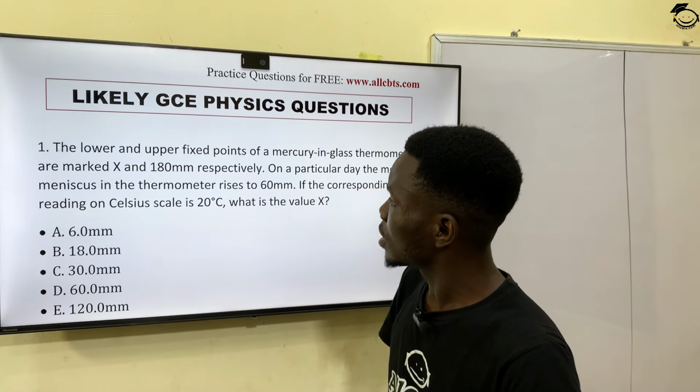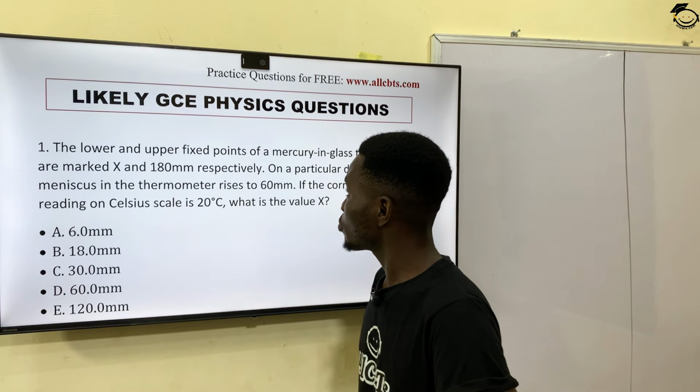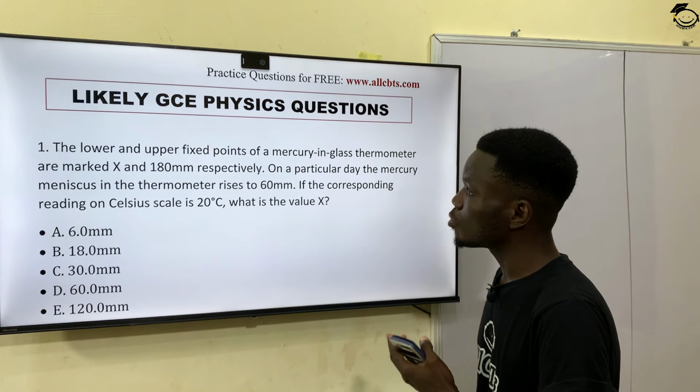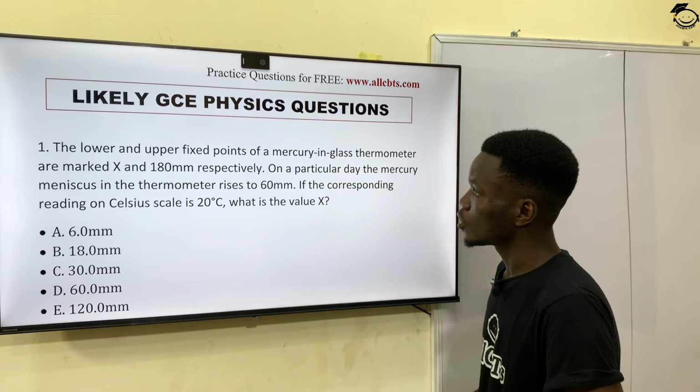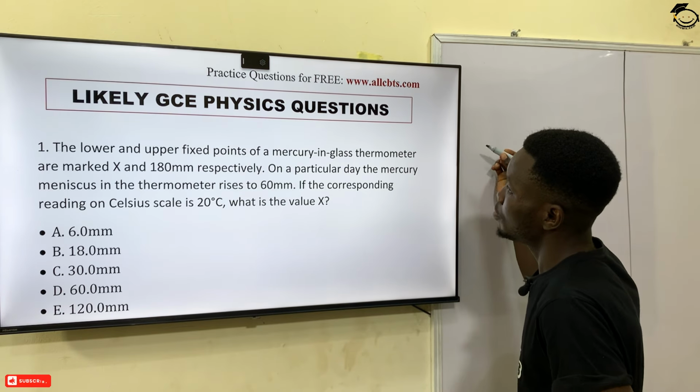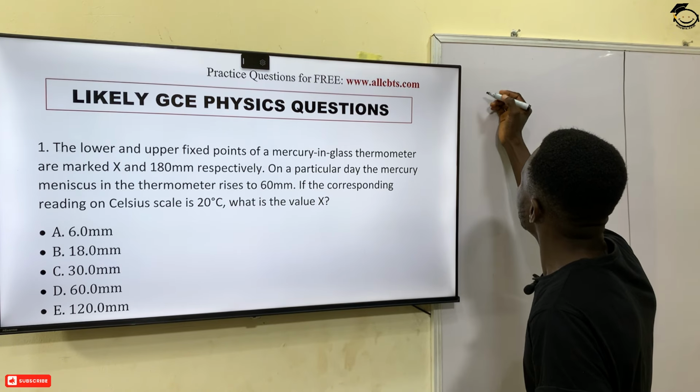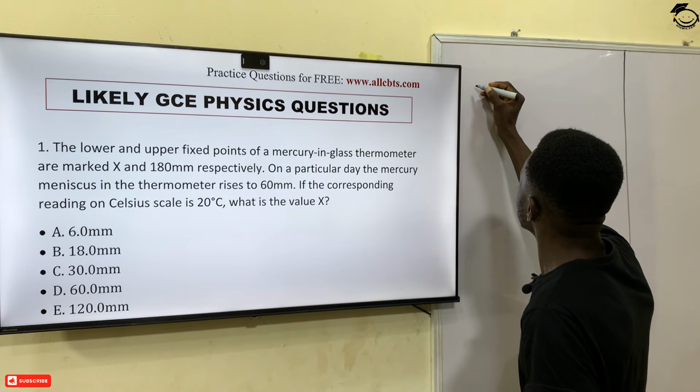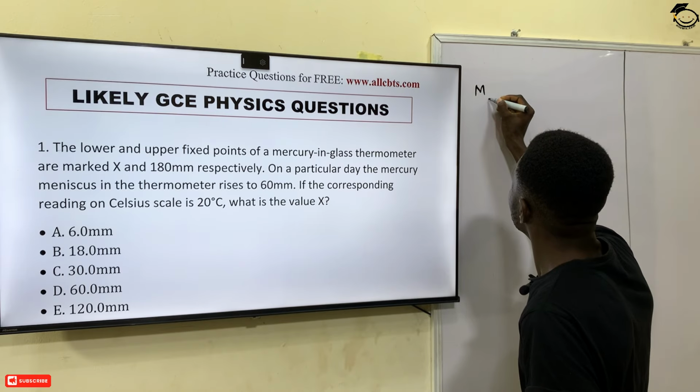Question number 1 says, the lower and upper fixed point of a mercury in glass thermometer are marked X and 180 millimeter. So here I have the lower fixed point. Let's say this is M naught.